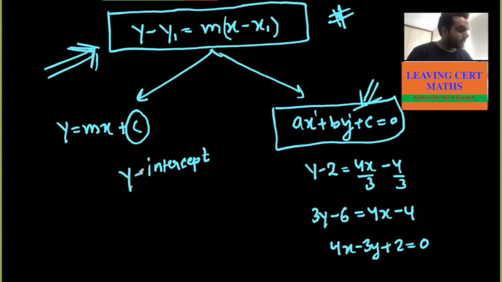Let me check what else we can do. Okay, now you are aware of all these things, right? Now, the most important one, you are in the 5th year, right? Okay, so let's talk about parallel lines and perpendicular lines. First I will tell about parallel lines.